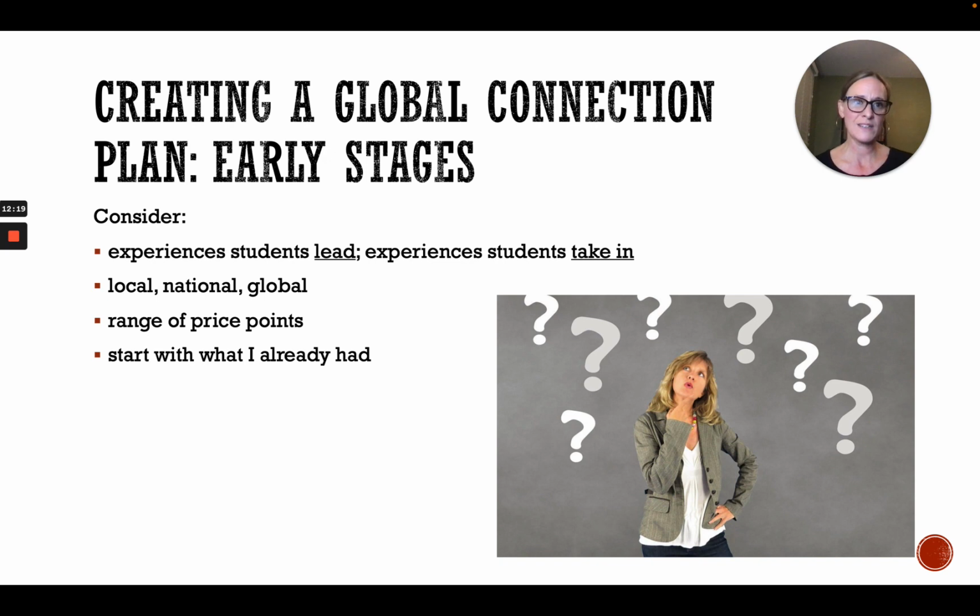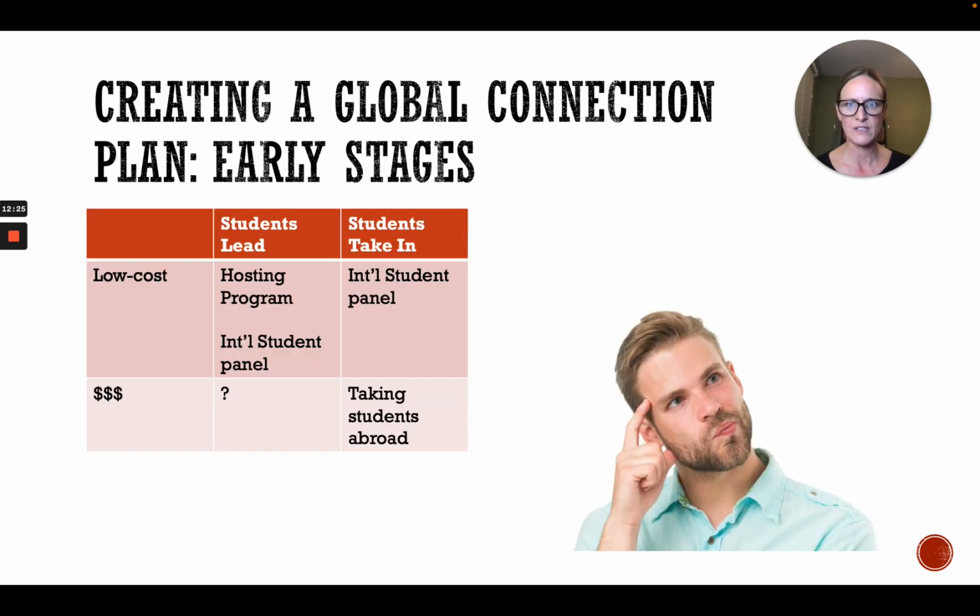And what I wanted to do was start with what I already had. I thought, okay, what do I have and where can I go with this? So I made a little grid and it was a little sparse because so much of what I did was teaching about the world. And here I was thinking, no, I have to consider teaching and learning with and from the world.